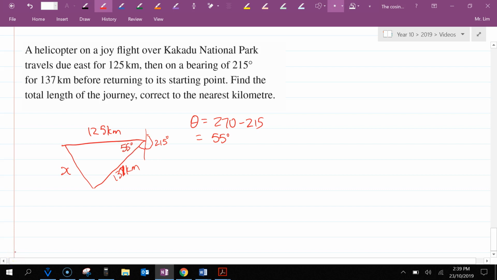And now we have all the information in order to work out x. So x squared is equal to 125 squared plus 137 squared minus 2 times 125 times 137 times cos of 55. Put that in the calculator.